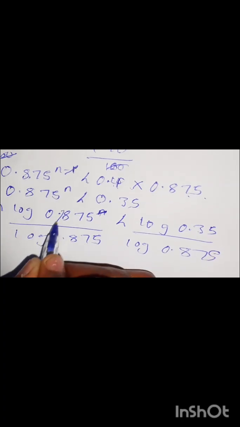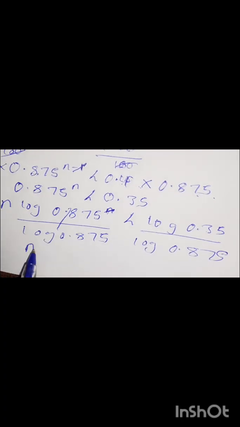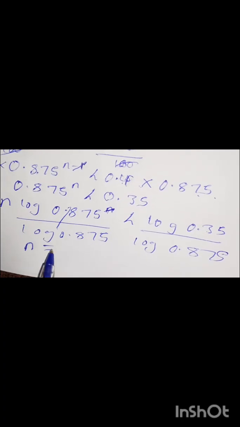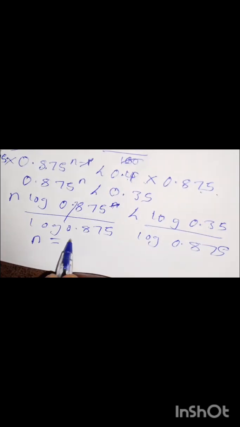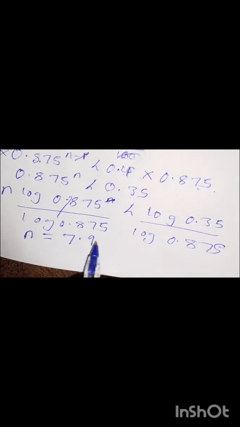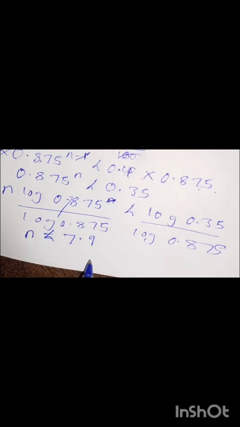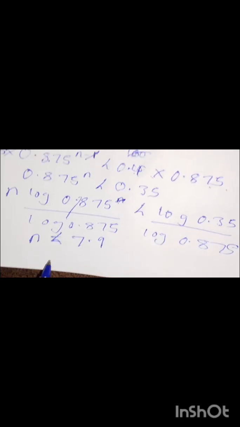If you punch it on your calculator, n will be 7.9. So it should be less than 7.9. This will be the value of n.